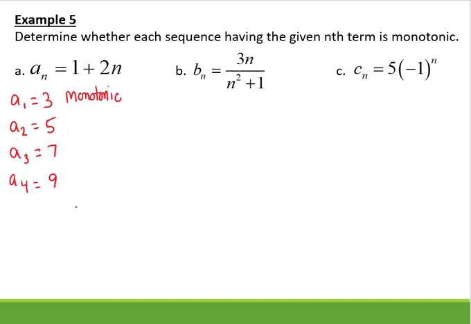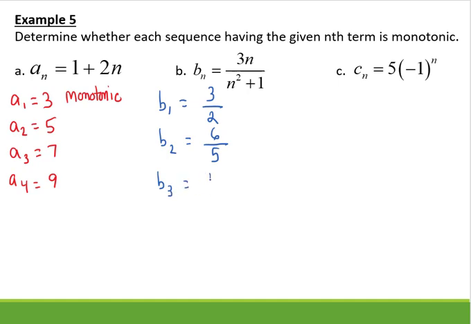The next one, hopefully I will do better with this one. We will see. You see how I've been struggling. If I plug in 1, I get 3 over 2. As I plug in 2, I get 6 over 5. As I plug in 3, I get 9 over 10.